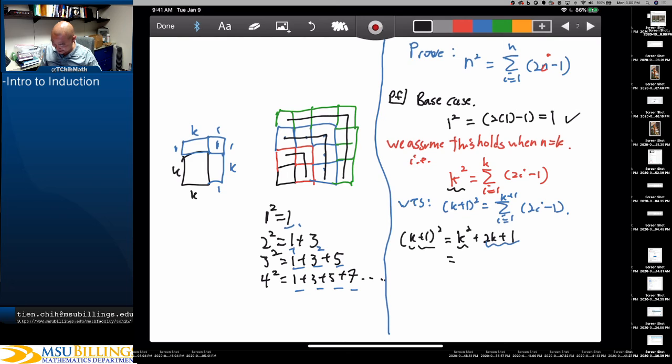The previous k squared, that by the inductive hypothesis is the sum from i equals 1 to k of 2i minus 1. So that's that. And what I'm left with is 2k plus 1.